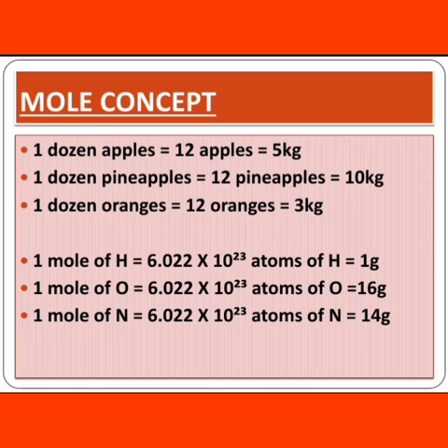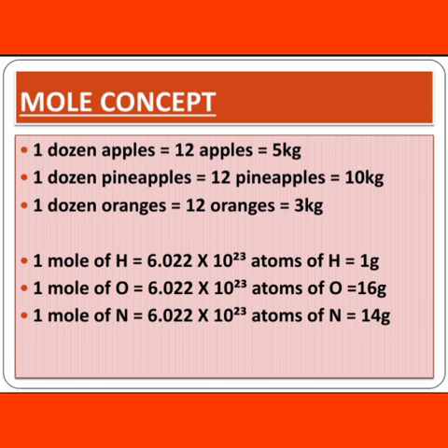But here the mass of each fruit is different, right? If you take 1 dozen apples, it weighs about 5 kg. If you take 1 dozen pineapples, it weighs 5 kg extra, that is 10 kg. 1 dozen oranges might be 3 kg. So what is the variation you can see?